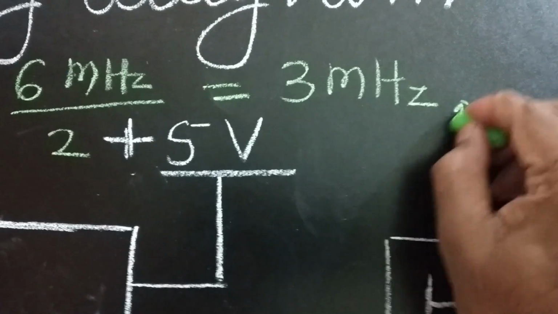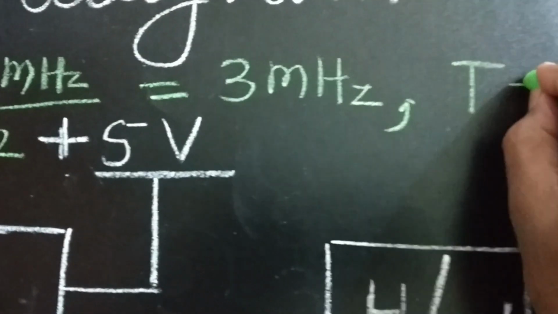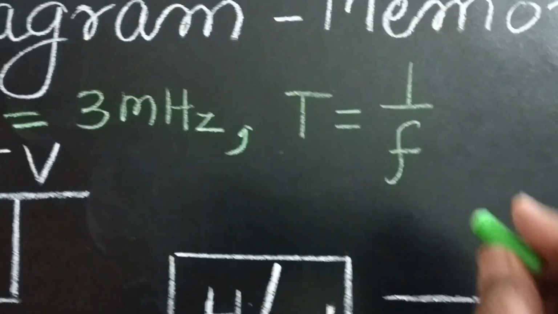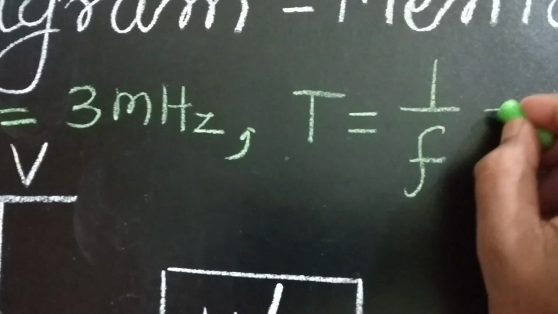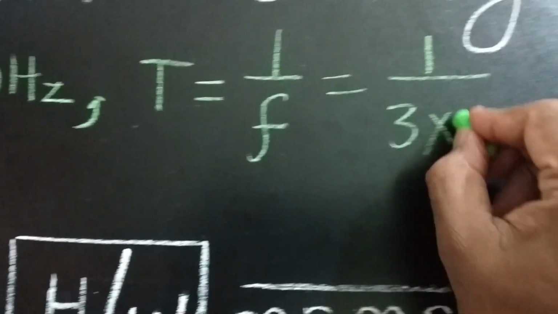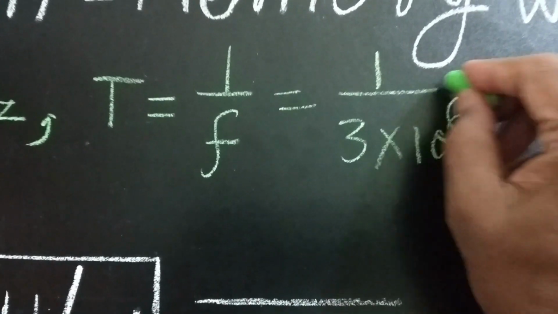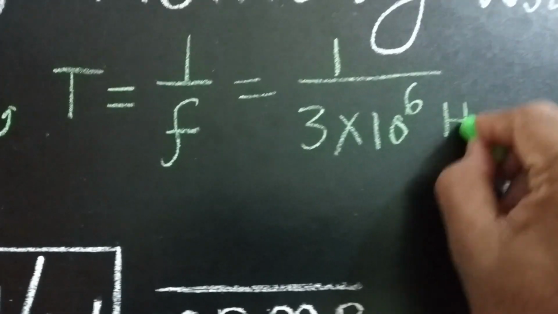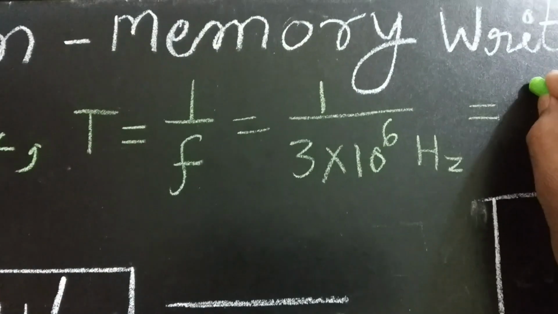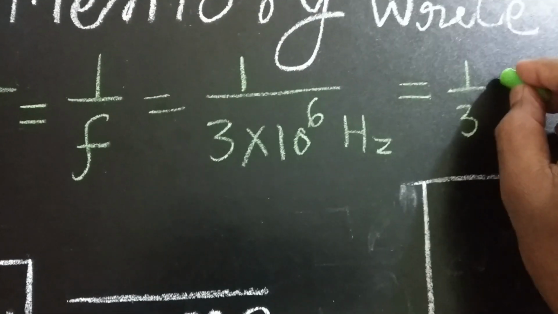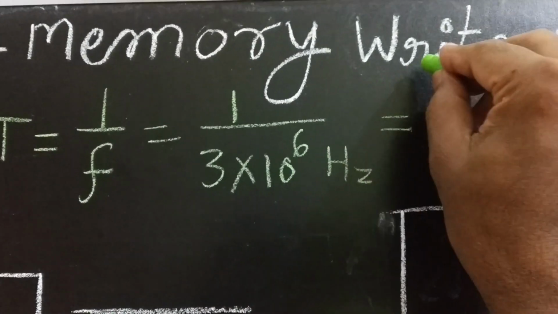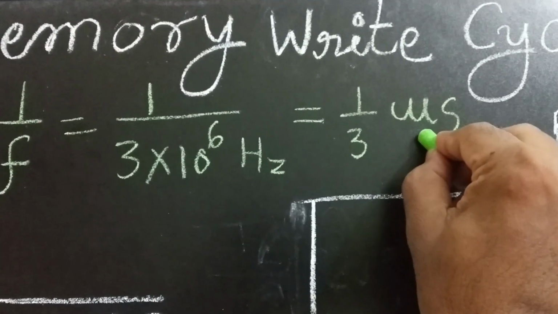The time period of the clock is 1 by frequency, which is 1 by 3 into 10 to the power 6 hertz, because it is megahertz. Thus the time period is 1 by 3 microsecond, because 10 to the power 6 in the denominator becomes 10 to the power minus 6.